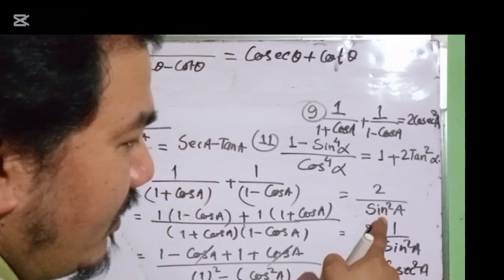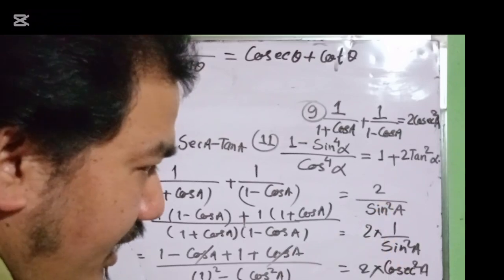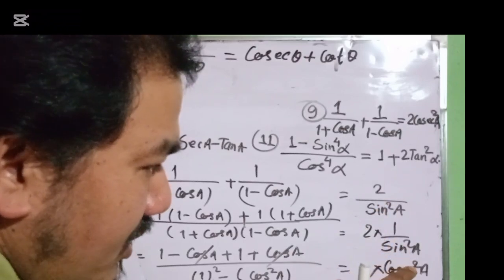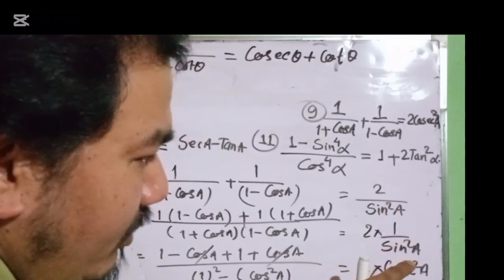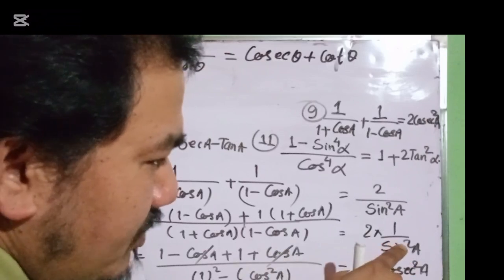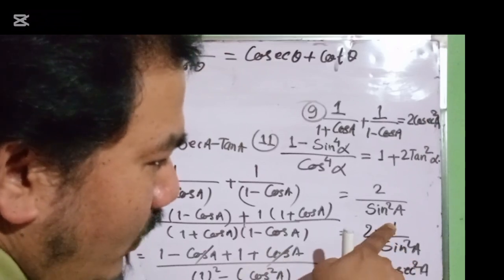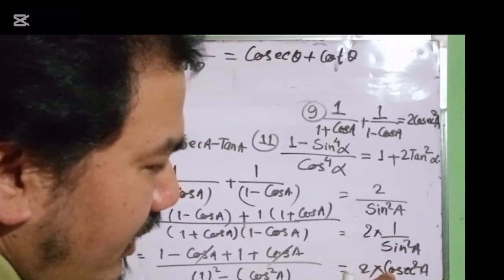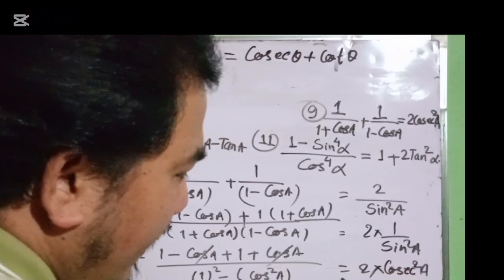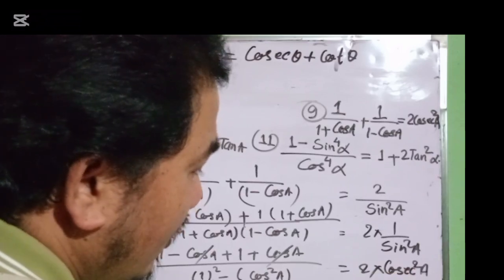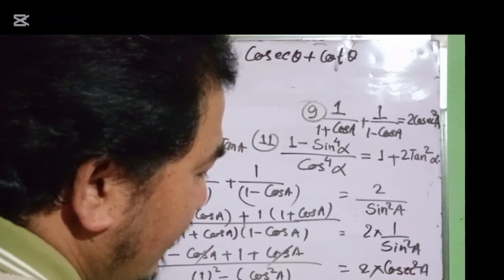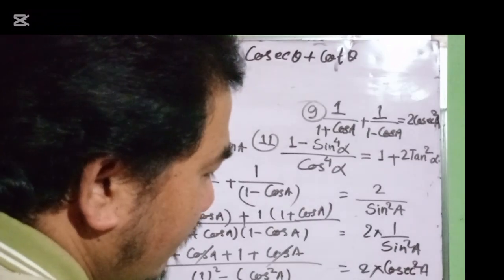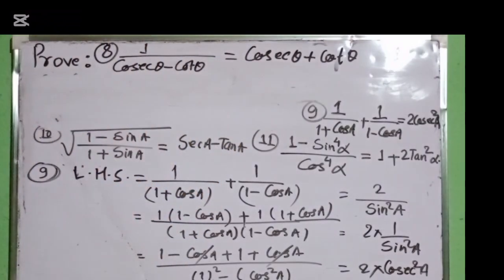If here is square, there will also be square; if here is cube, there will also be cube, according to the power. This is our right hand side, so we have proved it. This question number 9 is also proved.